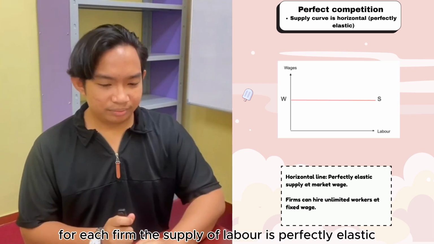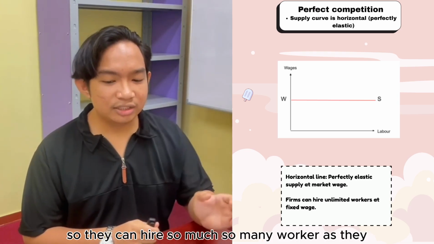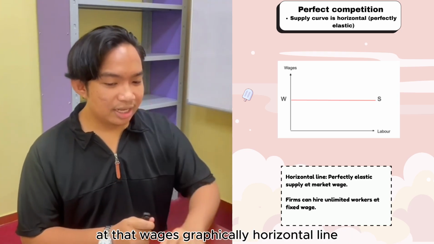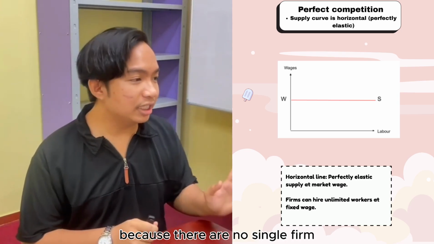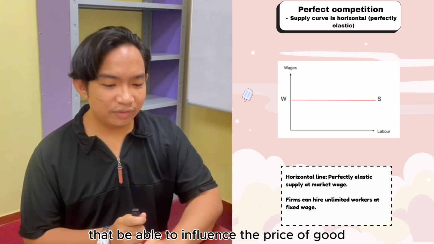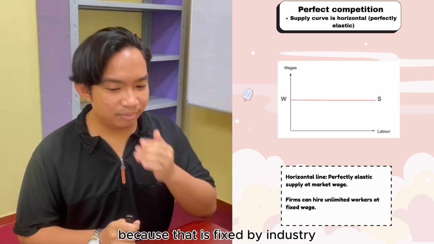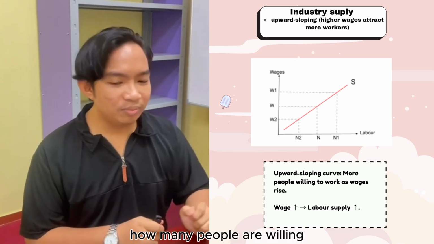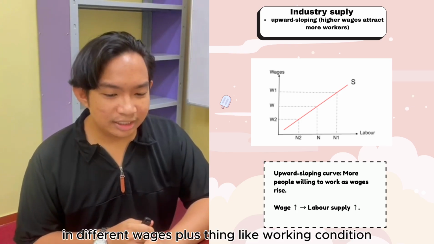For each firm, the supply of labor is perfectly elastic, so they can hire as many workers as they want at that wage. Graphically it is a horizontal line because no single firm is able to influence the price, as that is fixed by the industry. The supply of labor to an industry depends on how many people are willing and able to work in that sector at different wages.